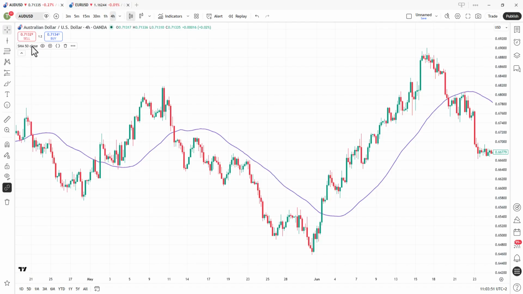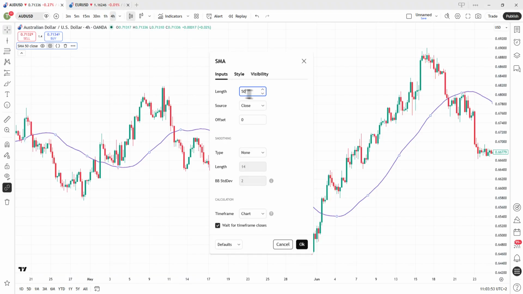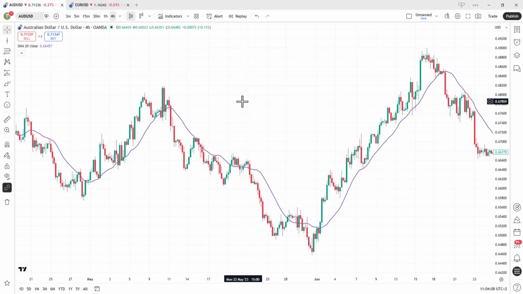So for example, if we used a 20-period simple moving average, the candle from 20 candles ago has the same importance as the most recent candle. Because of that, the simple moving average moves more slowly and appears smoother on the chart.